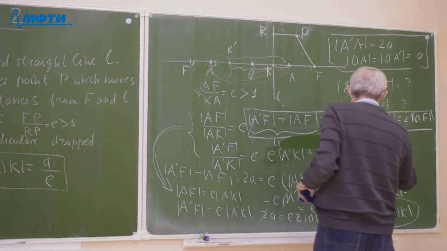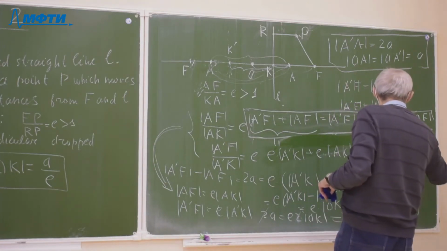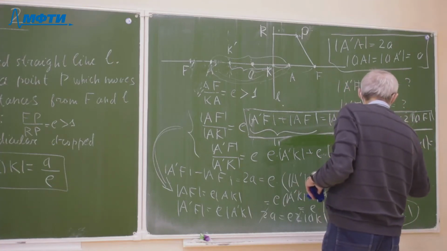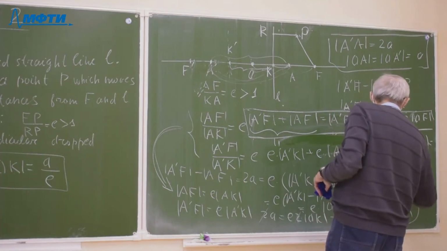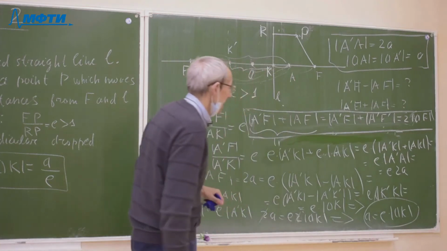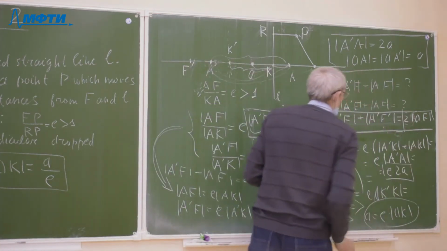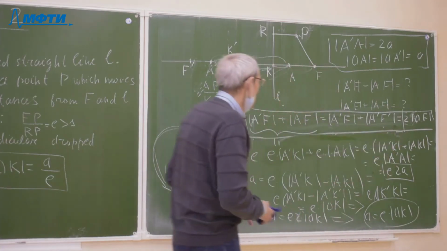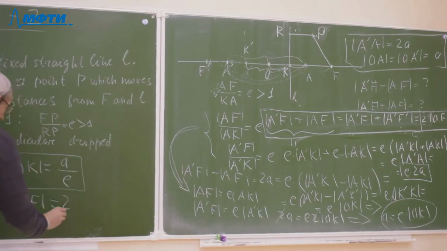And we obtain the following sum: A prime K plus AK is equal to A prime A, and is equal to 2A. And comparing this expression and this, we obtain that twice OF is equal to twice EA.